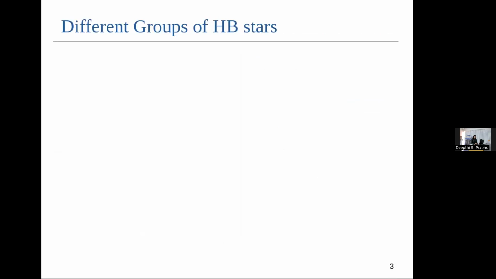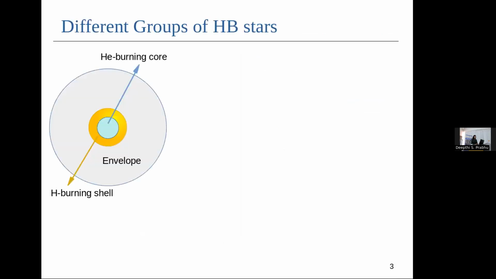There are different groups of HB stars. This is the typical structure of a horizontal branch star, where there is a helium burning core and surrounding it is a hydrogen burning shell.